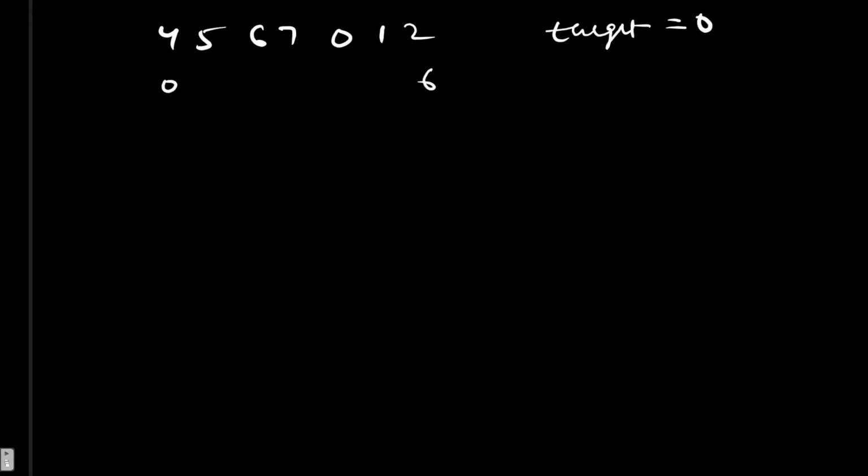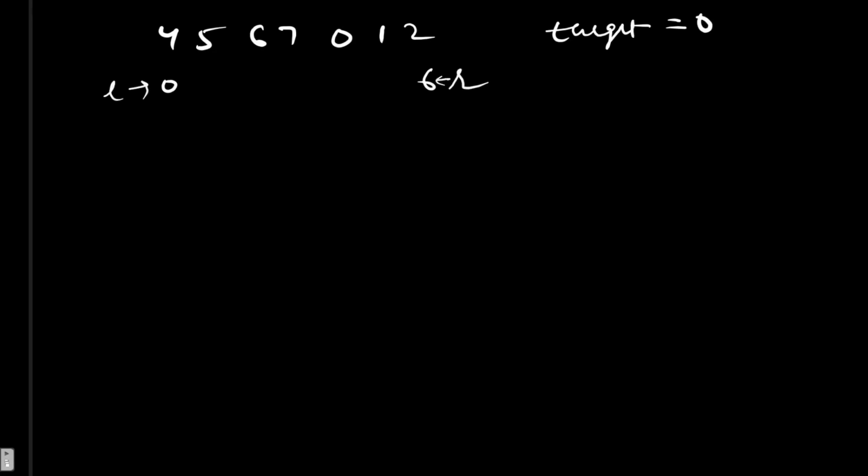We have the given array 4 5 6 7 0 1 2, and target equal to 0. What we do in binary search is assign a left index, that is 0, and a right index, that is 6 in this case, and we have to find the mid. This is the left, this is the right.